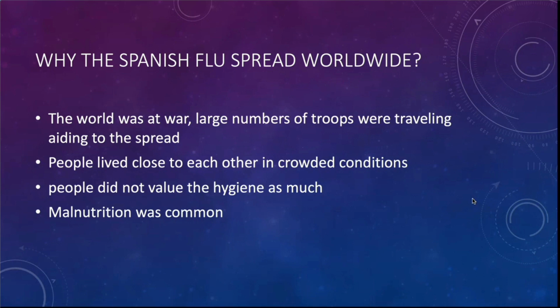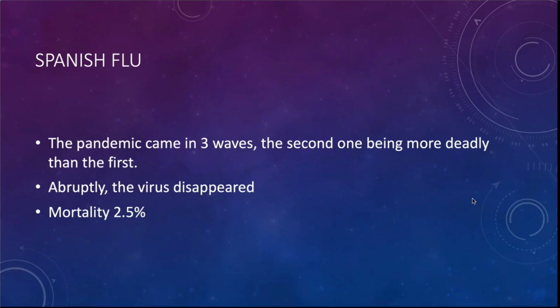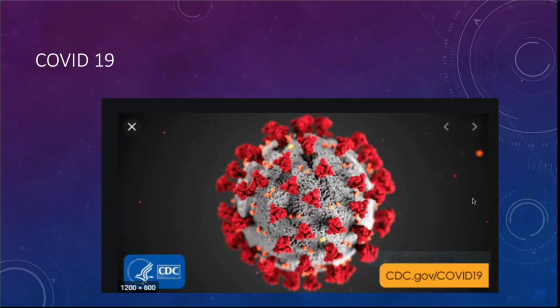Malnutrition was also more common. And the Spanish flu, interestingly, came in 3 waves, and the second one was more deadly. Abruptly, after the third one, the virus just disappeared. And again, we already explained that the mortality was 2.5.